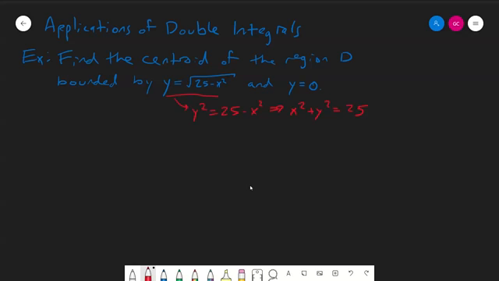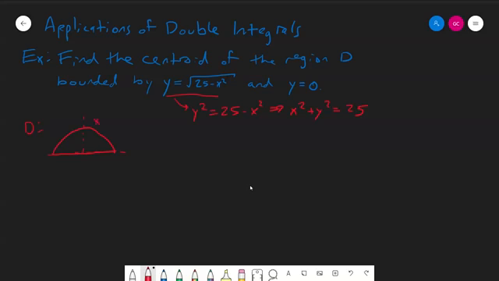So this is part of the circle of radius 5. And in fact, it's the upper half, because since y is a square root, y ends up having to be positive. So the region D is this half of a disk right here. Now it's going to be more convenient for us to use polar coordinates as we go forward.